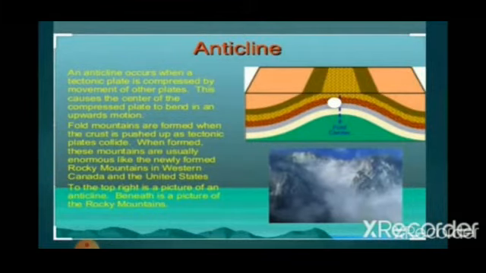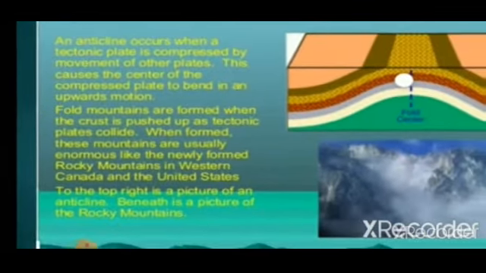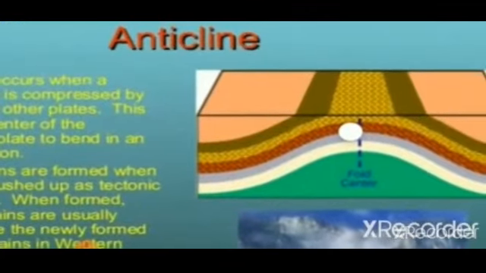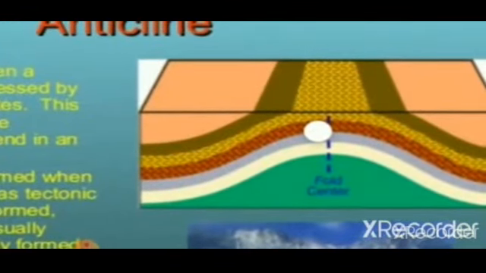Now we will see what anticline and syncline are in detail. First we will start with the anticline. An anticline occurs when a tectonic plate is compressed by the movement of other plates. This causes the center of the compressed plate to bend in an upward motion. You can see the image here. In this image you can see that it's an arc shape.